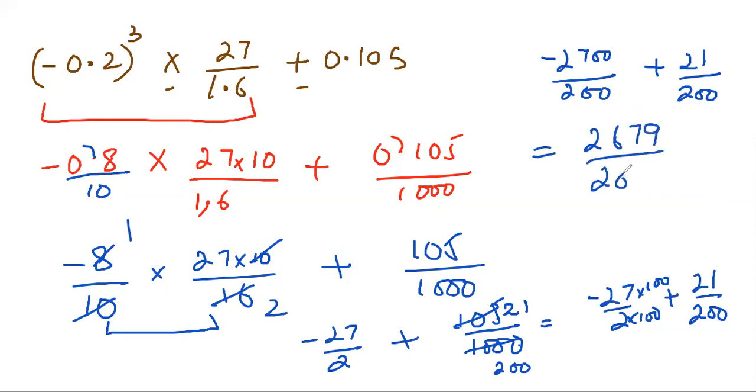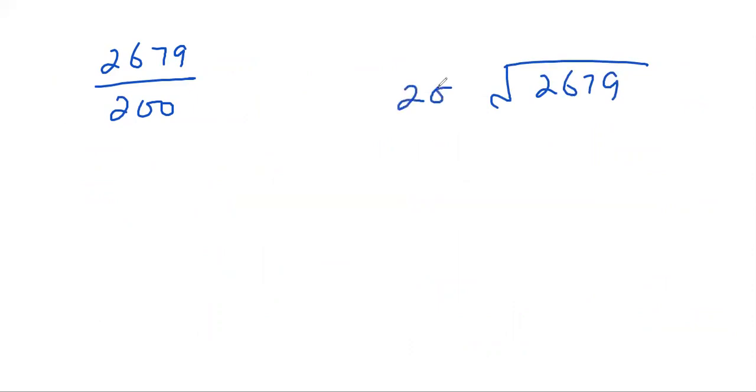and divided by 200. So you can leave it like this without changing into decimals, or otherwise you can change into decimals. How will you change into decimals? 2679 divided by 200. So you have to work like this: 2679 divided by 200. 200 ones are 200.